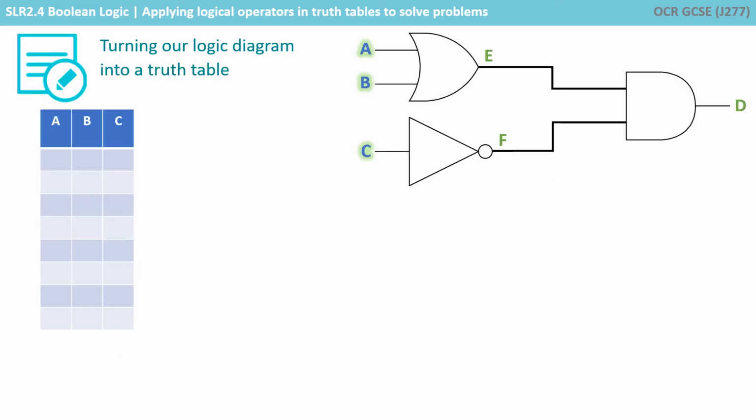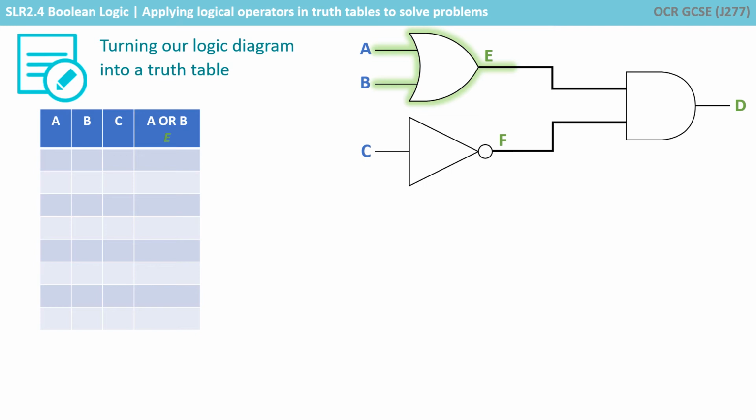So the first thing to do is to construct the various columns for our truth table. So let's start with all the inputs, that's A, B and C. Well, that's nice and easy. We've constructed three columns in our truth table and we've labelled them A, B and C. We now need columns for our intermediary outputs and inputs.